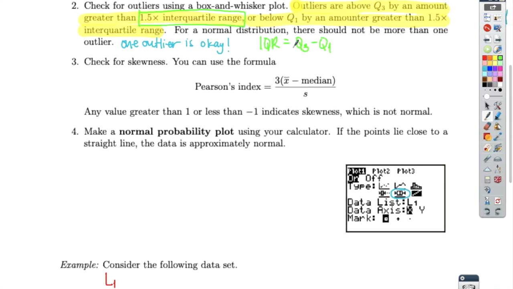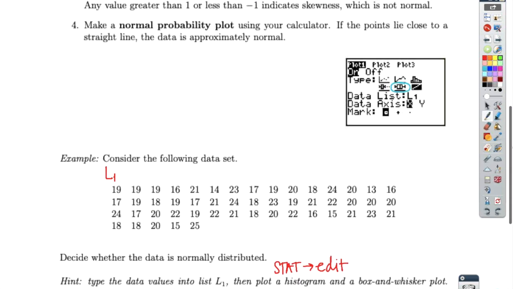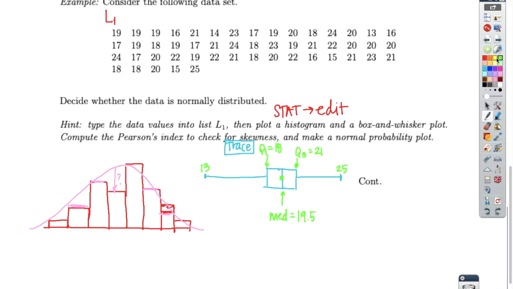This is not on your formula sheet, so you need to commit this one to memory. Q3 minus Q1. Also, on this picture, the interquartile range is just the length of that box in the box and whisker plot. Okay, so for us, the interquartile range is 21 minus 18, so 3.